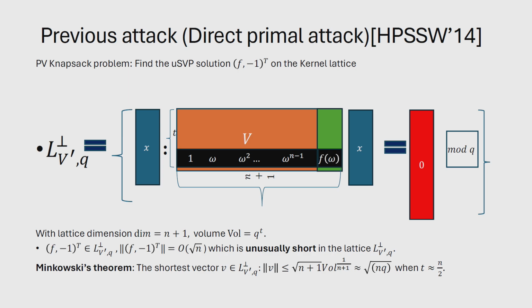And since the coefficients of little f are only -1, 0, and 1, we have the norm of this vector to be approximately close to square root of n, which is unusually short for a lattice of similar dimension and volume. For example, Minkowski's theorem tells that the shortest vector is going to have a norm much larger than the norm we are asking to find.